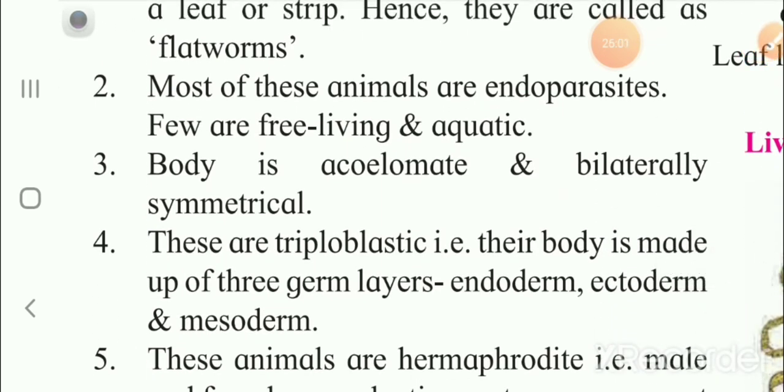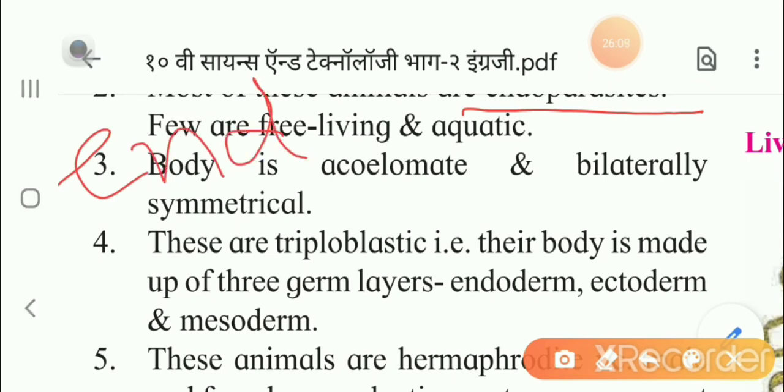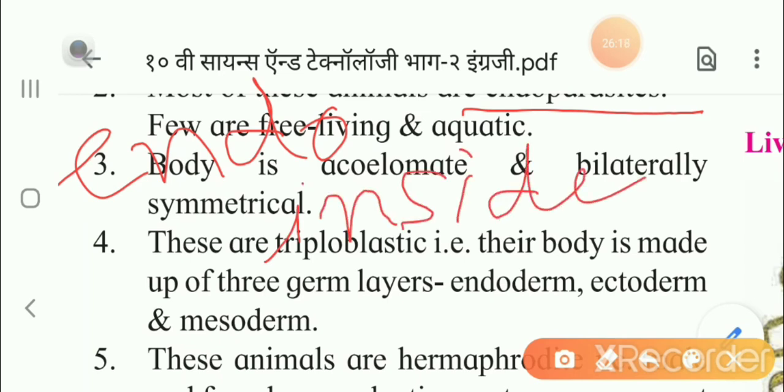Already I told you, children, that they are endoparasites. Endo means inside, and parasite means when they are dependent on another organism, but they are present inside that other organism's body.